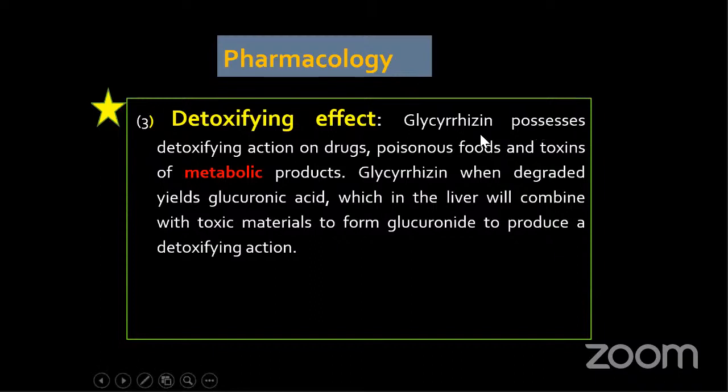Glycyrrhizin possesses detoxifying action on drugs, poisonous food, and toxins of metabolic products. Glycyrrhizin, when degraded, yields glucuronic acid, which in the liver is combined with toxic materials to form glucuronide to produce the detoxifying action.